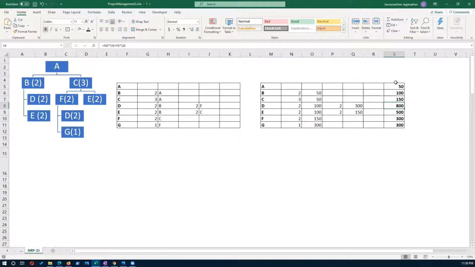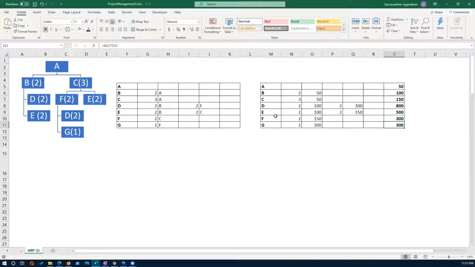So to create 50 units of A, you need 800 units of D, and then similarly 500 units of E, and then 300 units of F and 300 units of G.